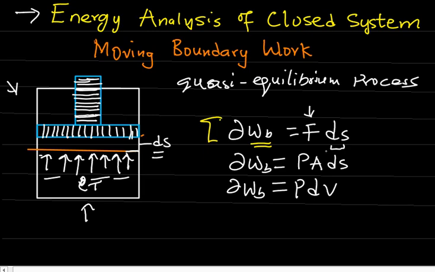You know that force is equal to pressure times area, because pressure is equal to force over area, if you cross multiply. So we can now have it that the differential boundary work is equal to pressure times area multiplied by dx. And you know that area times distance is always volume.